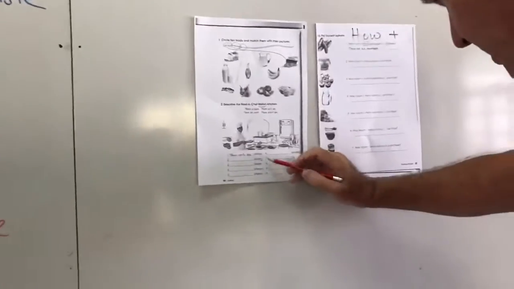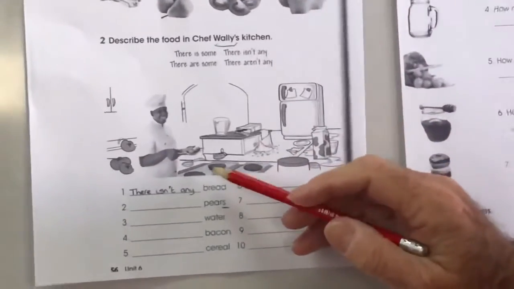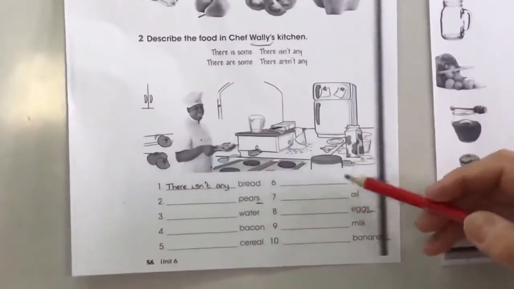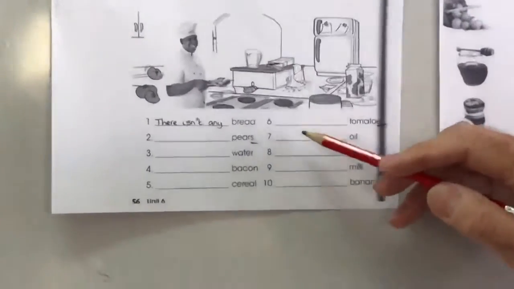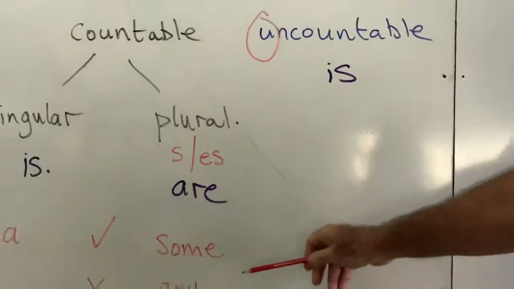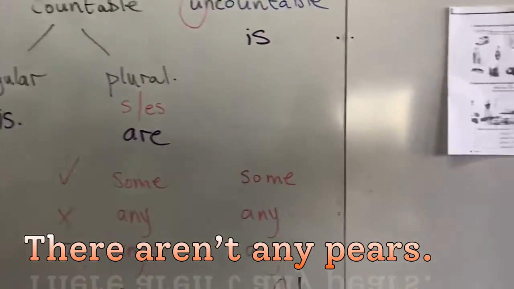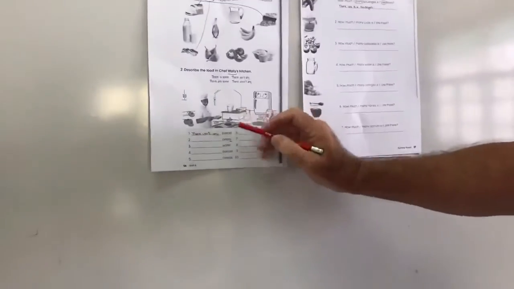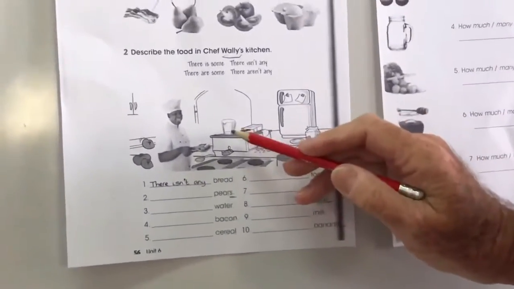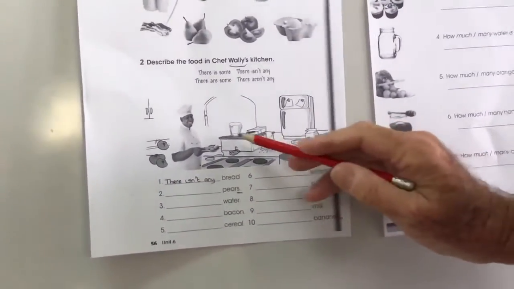Okay, pears. Can we see any pears? Don't see any pears, so we're going to say pears here, we're going to say no. There aren't any. Okay, water. Can we see water? Can we see any water?